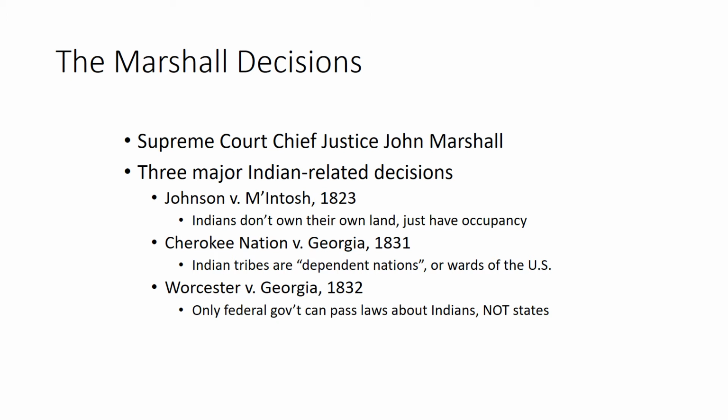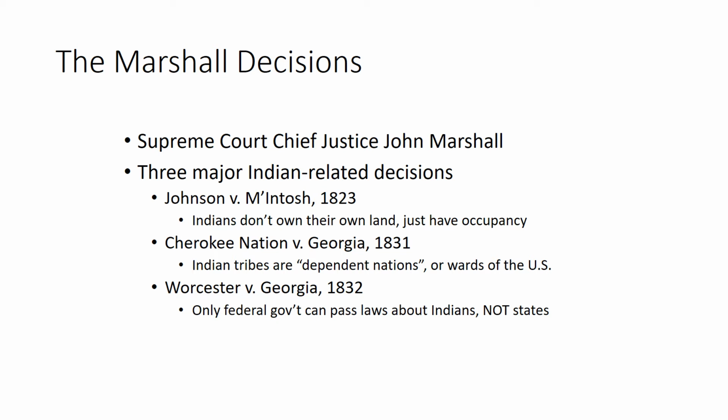Well, that was 1823. At the end of that decade, after Andrew Jackson got elected in 1830, the Indian Removal Act comes along. And at this time, to kind of speed things along, the individual states had started passing laws that affected the Indian nations living within their states.